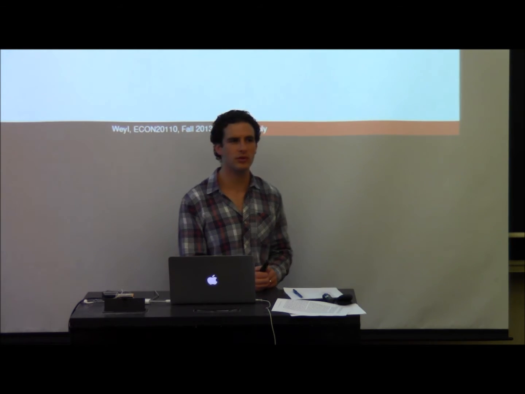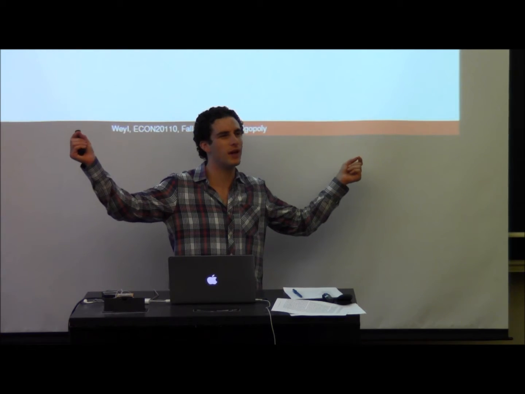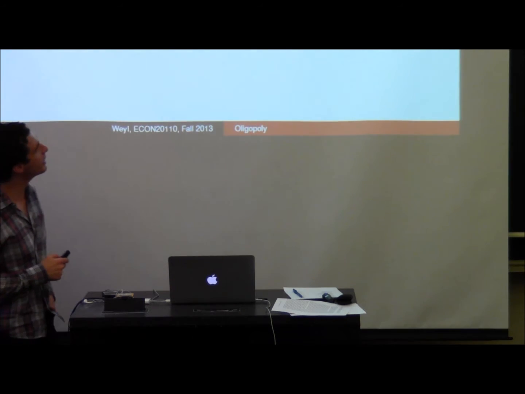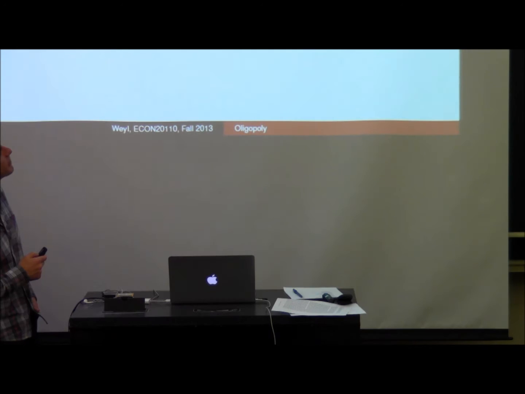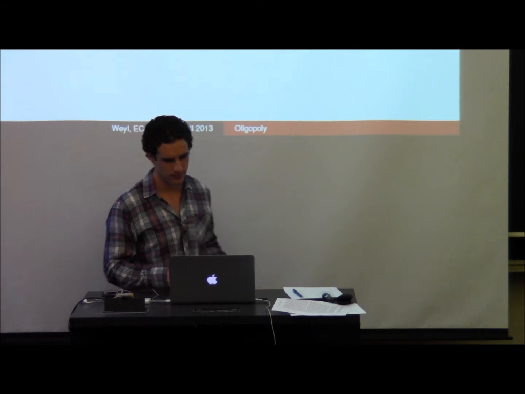So then a consumer living at point X, in particular, imagine that the firms are at the two ends of this line, right? So a consumer living at point X can either pay T times X to go to the firm that's at 0 and the price of P0, or they can pay T times 1 minus X to go to the firm that's at 1 and pay their price P1.